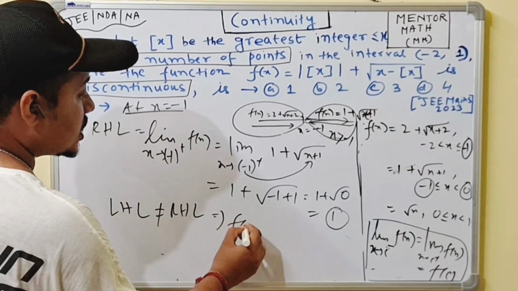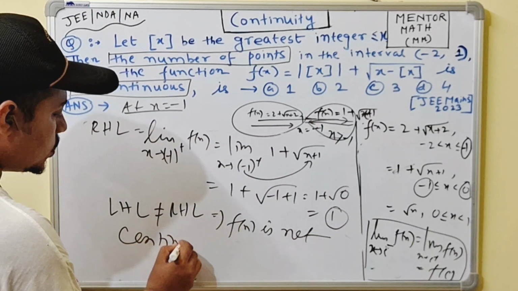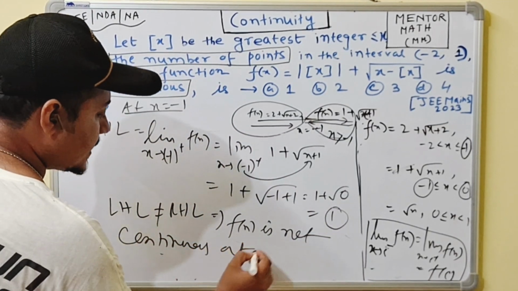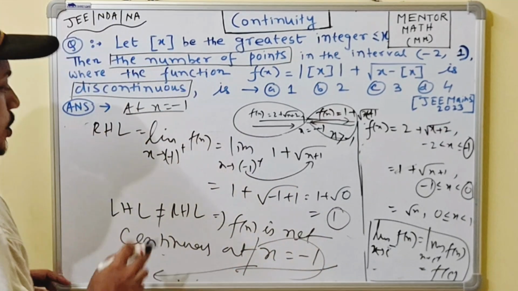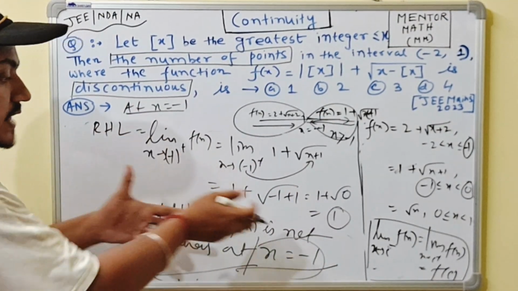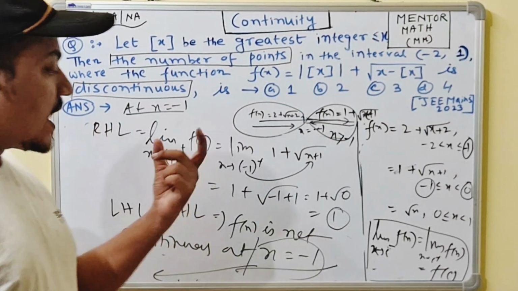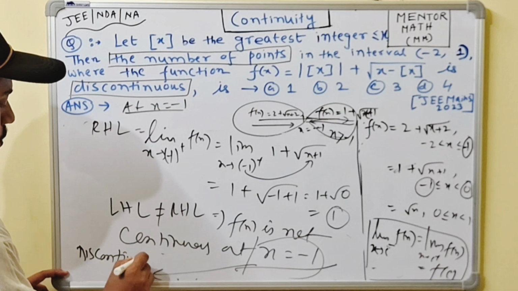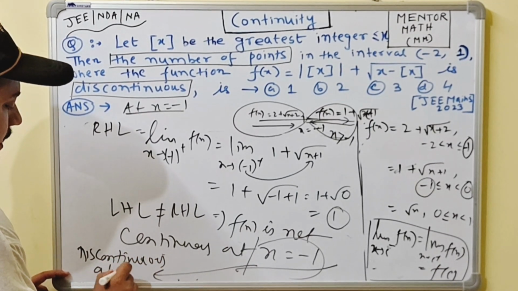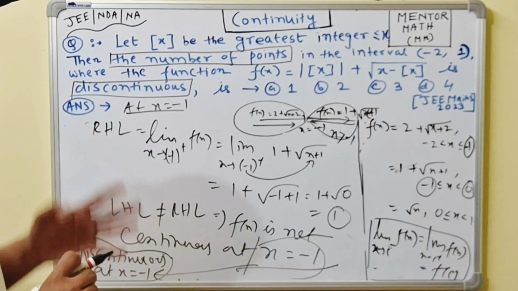That means the function f(x) is not continuous at x equal to -1. This is a discontinuity point. So the function is discontinuous at x equal to -1. So one point you got for discontinuity.